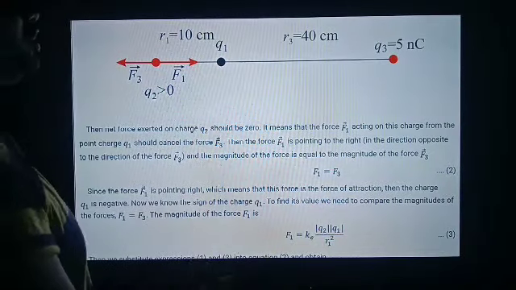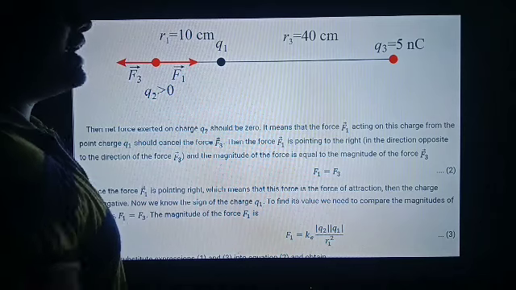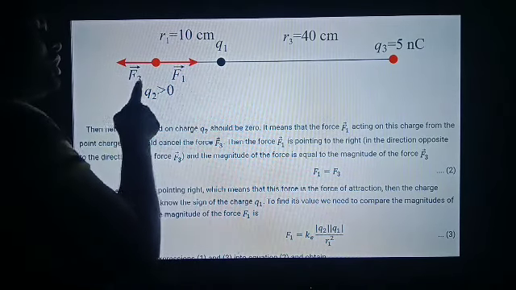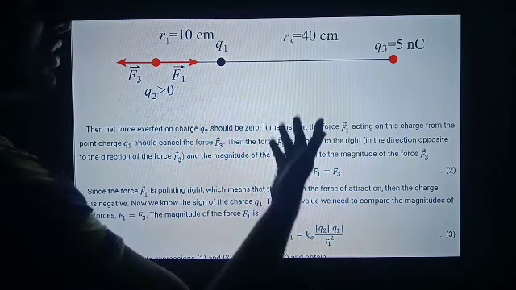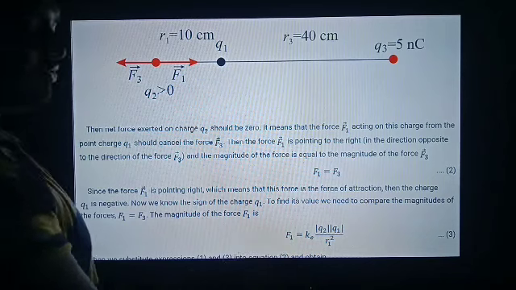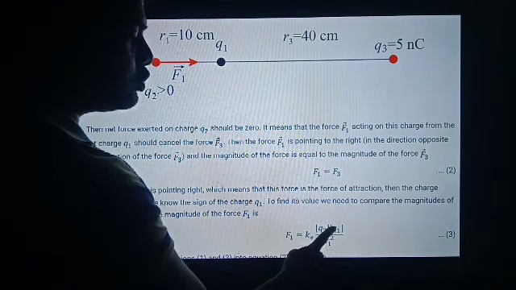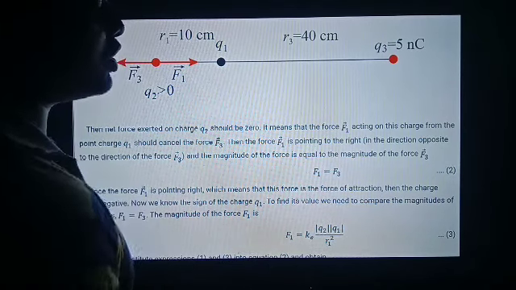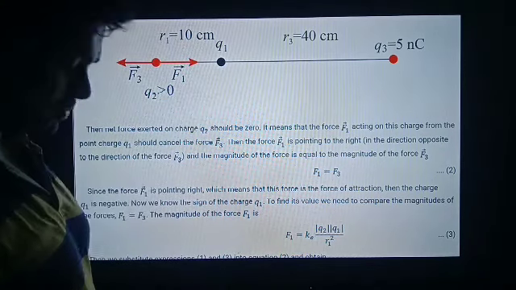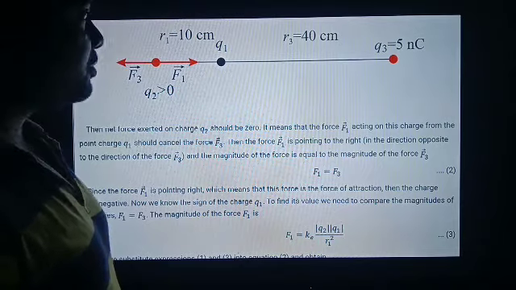Then the net force exerted on charge Q2 should be 0. It means that the force F1 is equal to force F3, so F1 is equal to F3. Now what will be the value of F1? F1 is equal to K Q2 into Q1 upon R1 square.